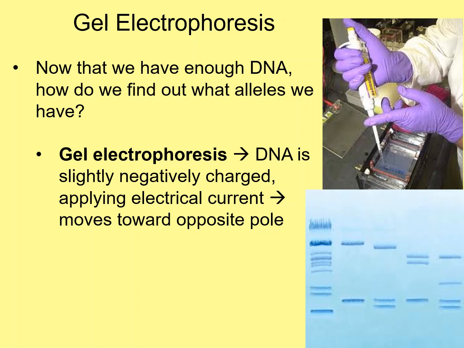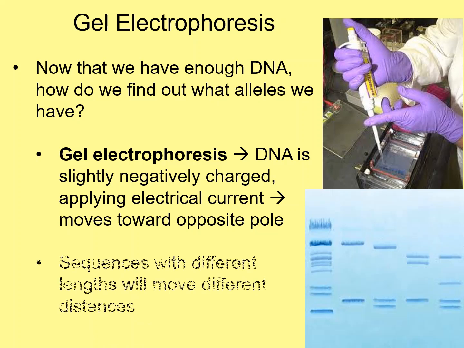But you have different sequences of different lengths, so the longer sequences are going to be heavier, and they're not going to travel as far up the gel as shorter fragments. So assuming that we have an idea of how big our gene of interest is, we can figure out which one is our gene of interest on our gel.